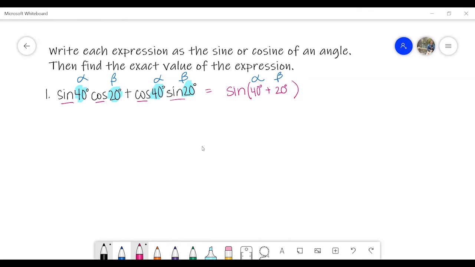Okay, the idea behind this is we can use our sine identity, right? You can maybe say sine sum identity. I don't expect you to write the whole term because it's a long name. But using that sum identity allows us to clean this up and say, oh, that's sine of 40 plus 20, which is 60 degrees, which we know using our left-hand trick.